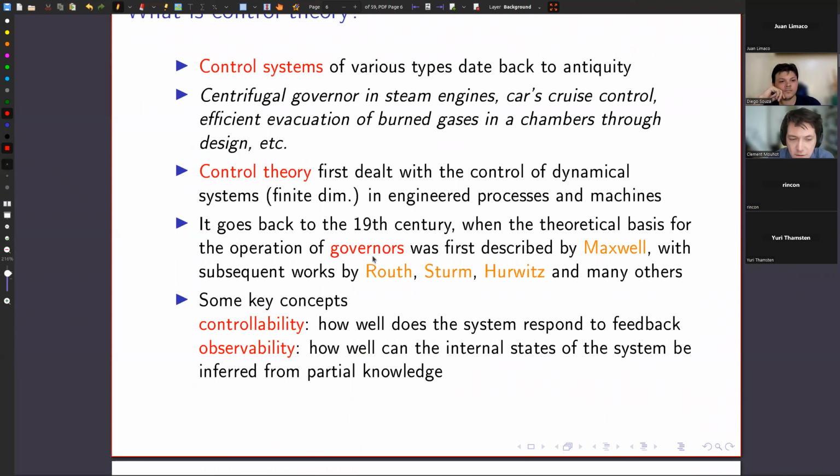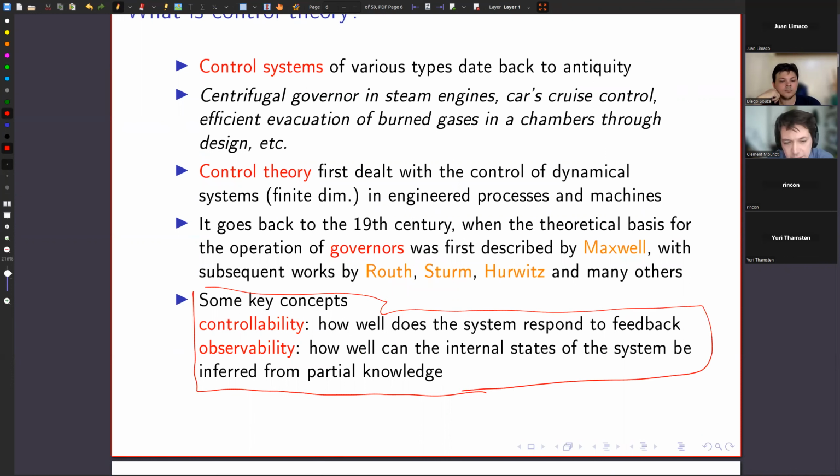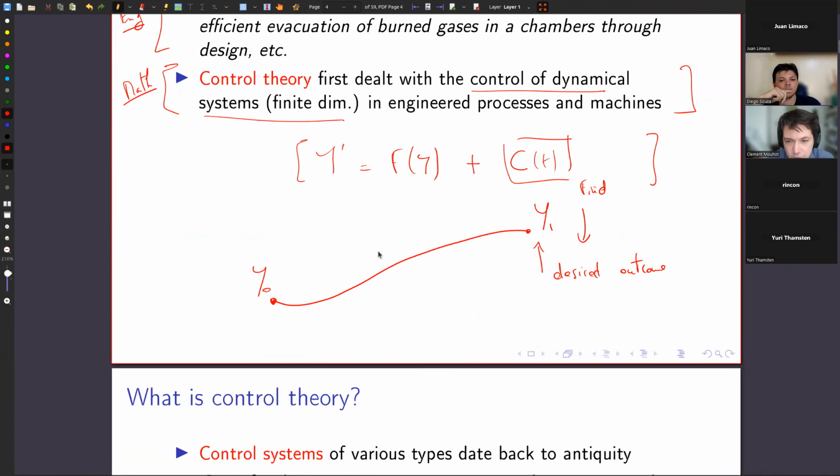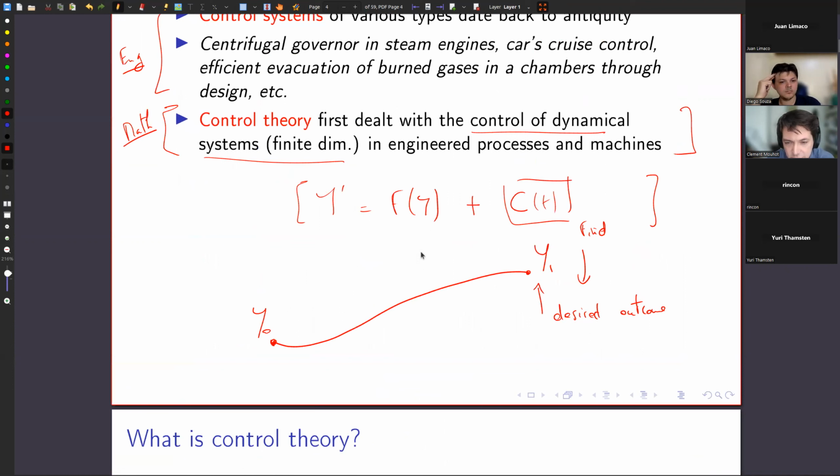So two key concepts, and I'm going to come back to them more precisely with equations, are the following. The controllability is more or less what I wrote on ordinary differential equations. Can you control the system? Can you drive the system to go somewhere by a certain control function?